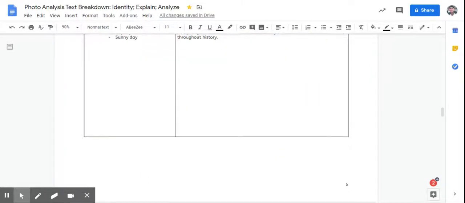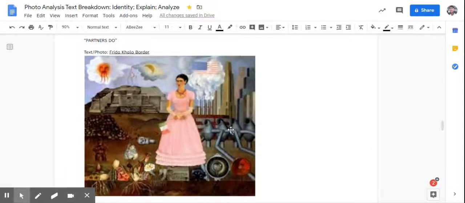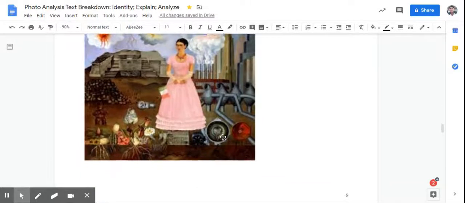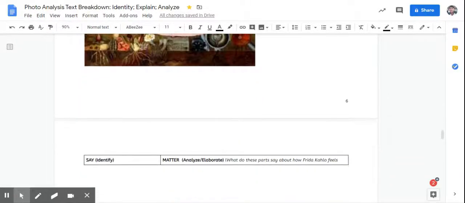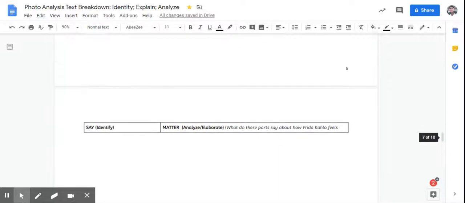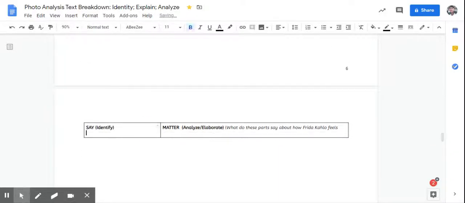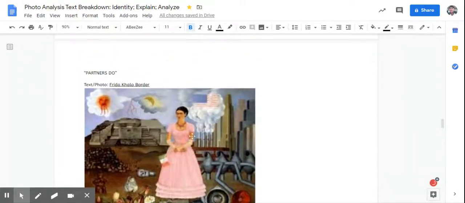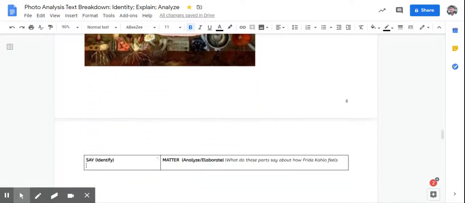When you scroll down to where it says partners do, this one is called Frida Kahlo Border, and you can see it is a painting. Similar to the first one, you are going to identify what you see in the painting, create a bullet point list, and then analyze it.